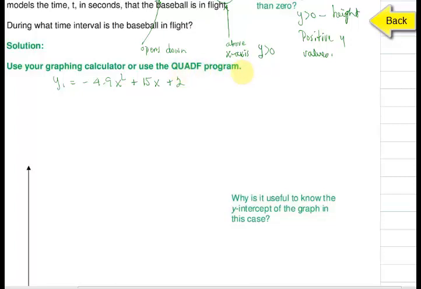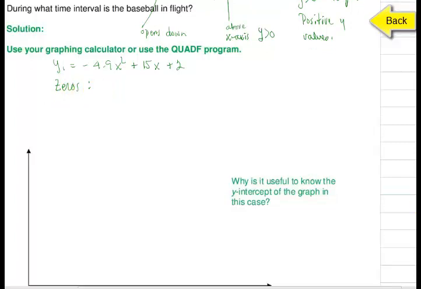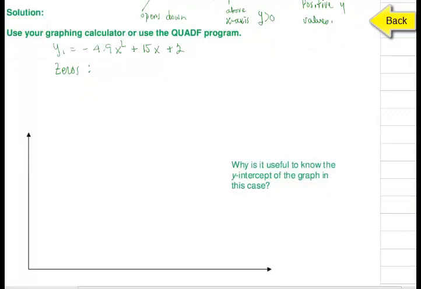All right, so what are we concerned about when we graph this into our calculator? Well, what we want to know is what our zeros are. Now to do this problem on your graphing calculator, you will want to put in an x-min of 0 and an x-max of around 4.